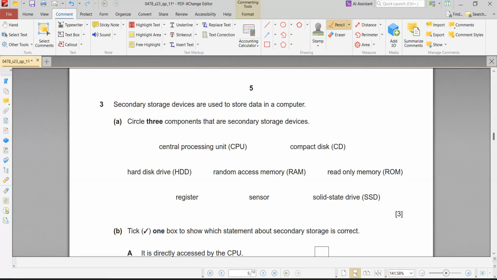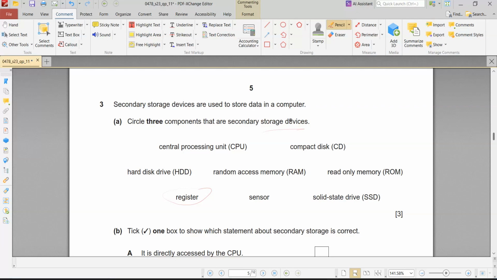In question number 3, it says secondary storage devices are used to store the data in the computer. Circle the components that are secondary storage devices. The register is internal, and the sensor is not for storing.